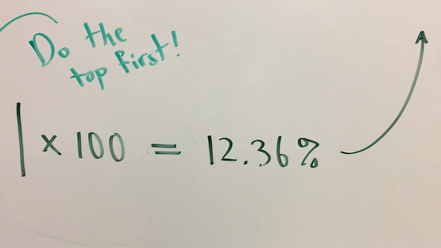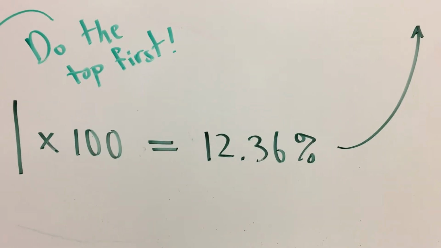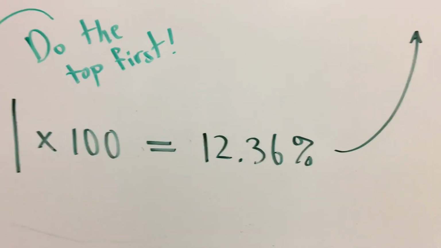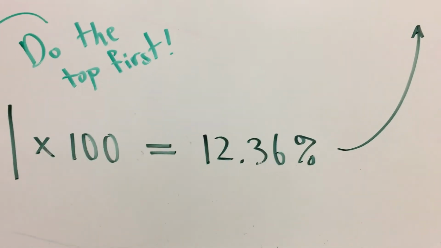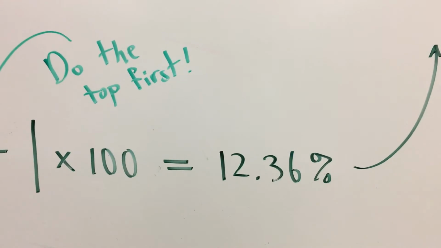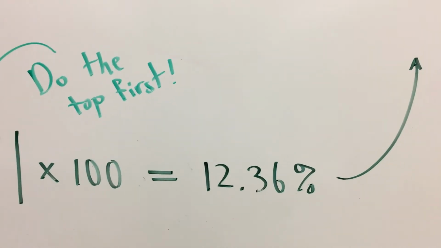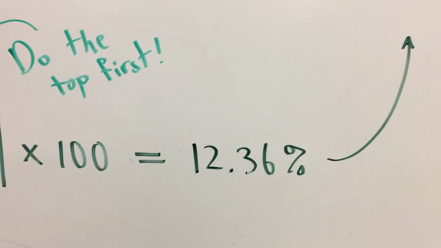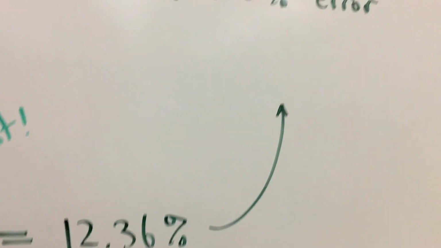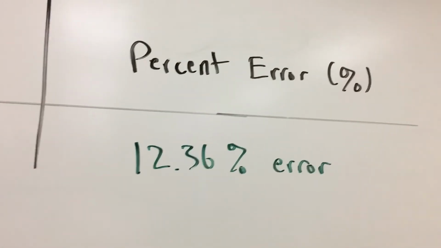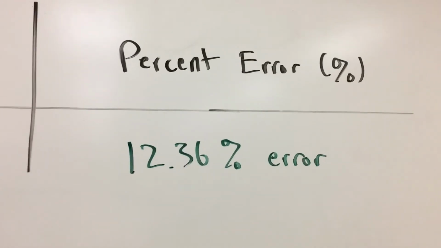Some of it depends on the instruments that we use, like the graduated cylinder. It's only split between every 1 milliliter, so we can only get so good with our eyes at distinguishing between a 0.1 and a 0.2 and things like that. And the mass balance is pretty good for us. So there's my percent error there.